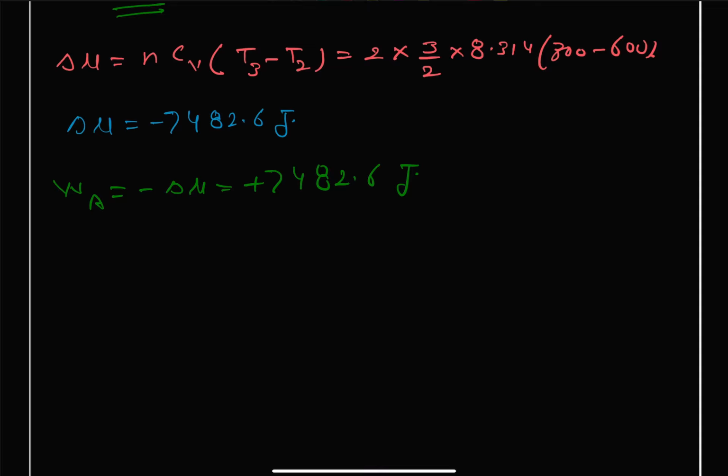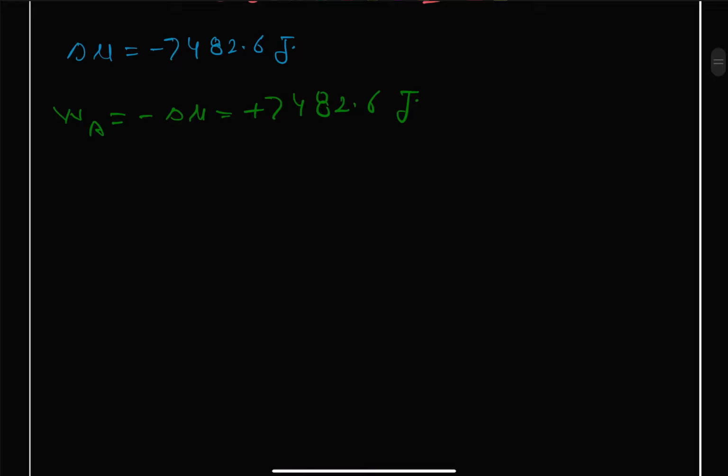Now the total work done is equal to the respective addition. So we can say our total work done, that is W, is equal to work done because of isobaric plus work done because of adiabatic.